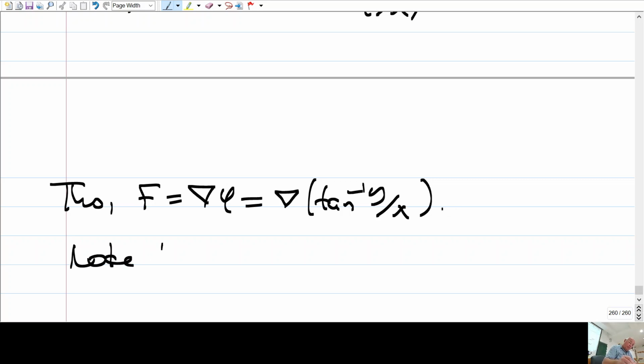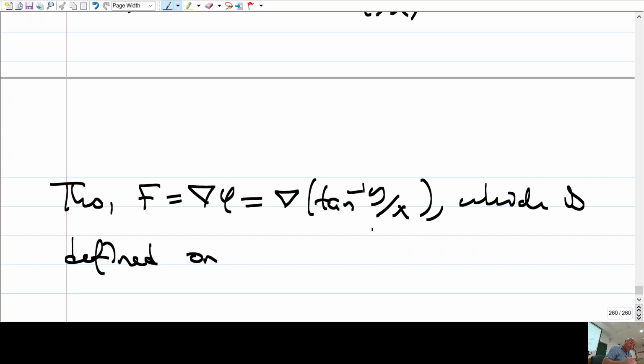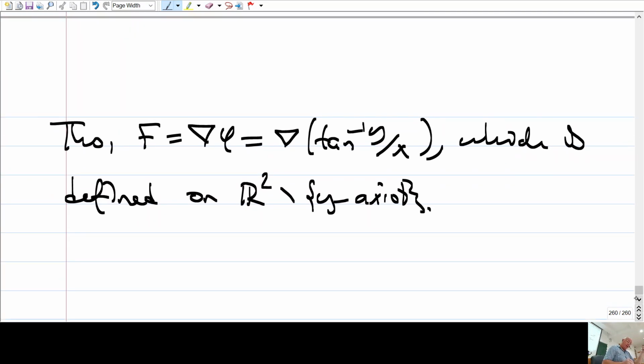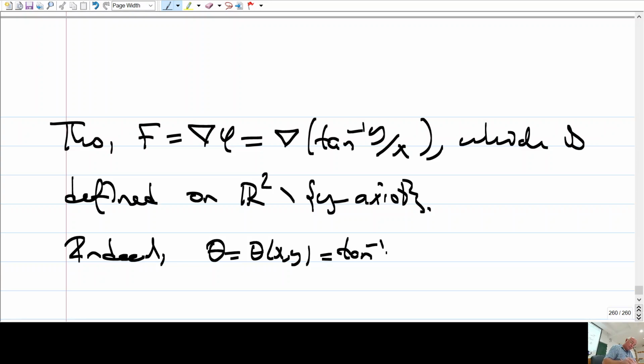Note that this is defined on R2 minus the y-axis. Because you see, when x is 0, this expression is not defined. Indeed, this is just theta, right? Theta of x, y, which is tangent inverse of y over x.